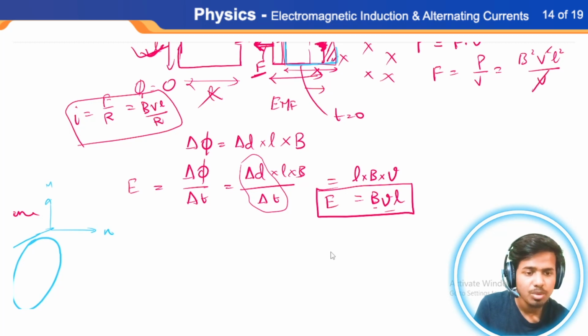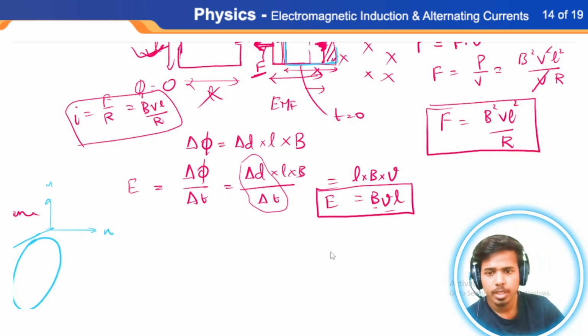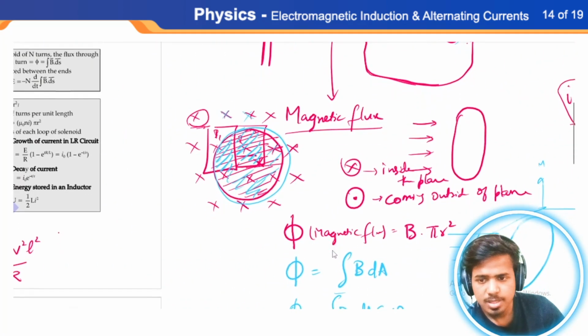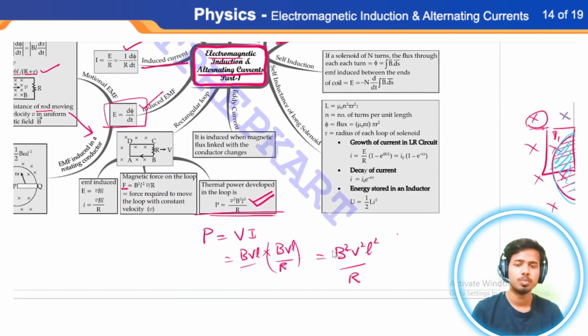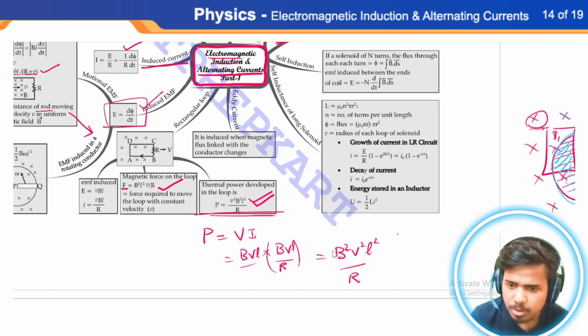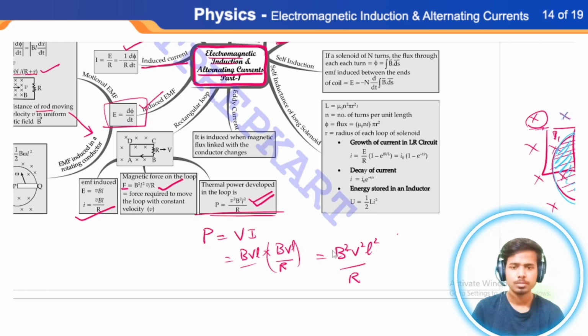One of the v gets cancelled out, and hence you're left with B square v l square upon... wait, it was R, right? R. All right. So this is the force that is experienced by the loop. The same thing, and we have already talked about this one.